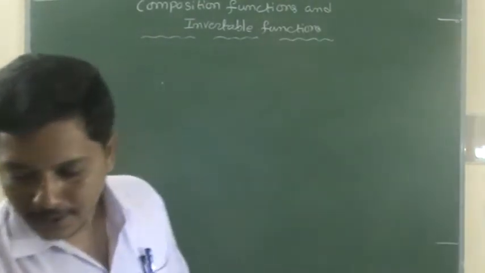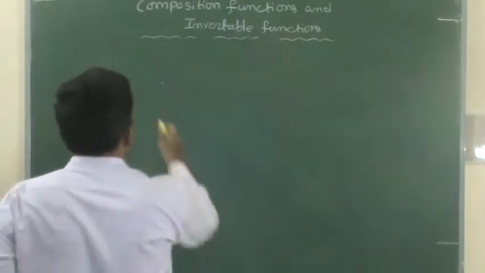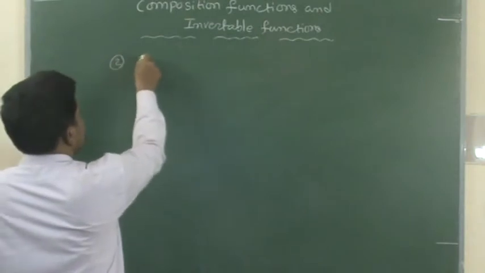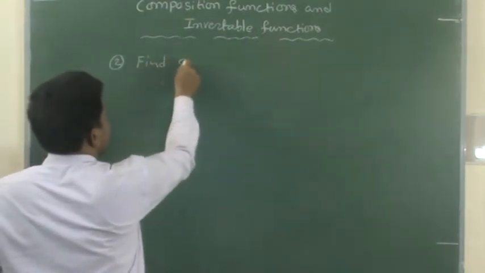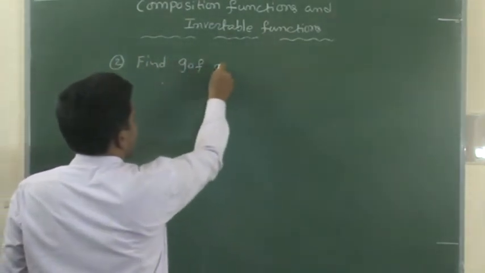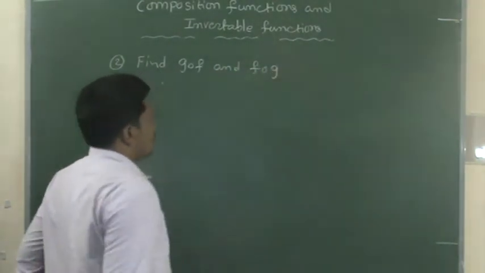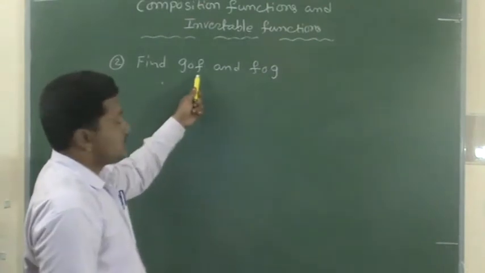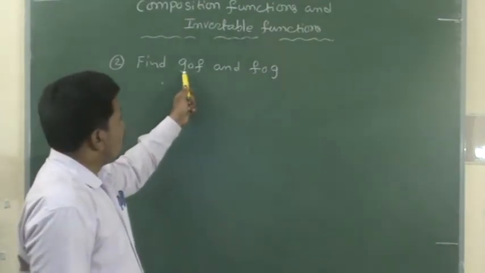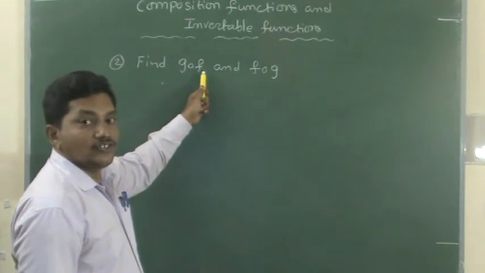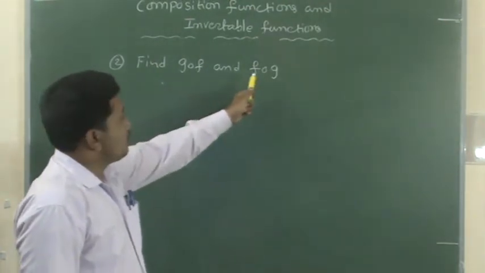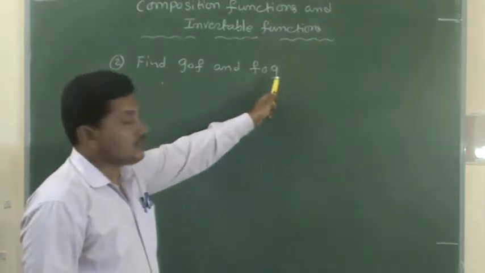Next example. Find g circle f and f circle g. Remember, this is a note point: to find g circle f, you start with f. To find f circle g, you start with g.